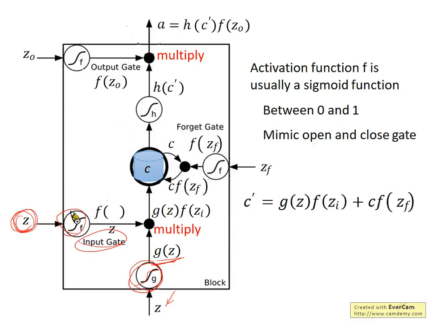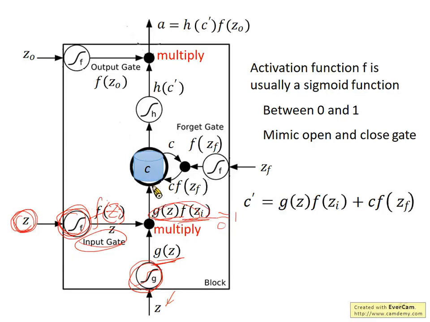We process it with an activation function to get f(Z_i), and then we multiply g(z) and f(Z_i). If the value of f(Z_i) is approximately 0, that means we will not consider the input signal. If f(Z_i) is approximately equal to 1, then we will consider the input signal g(z).